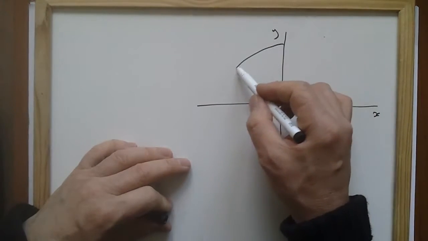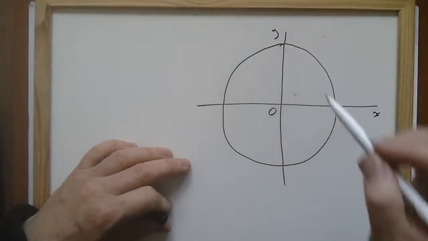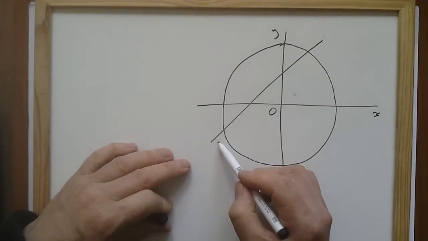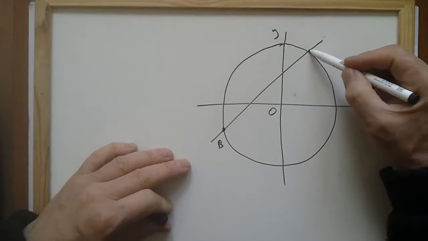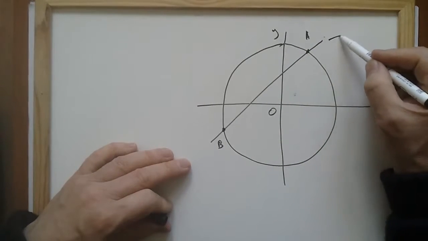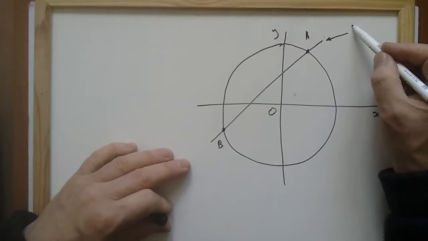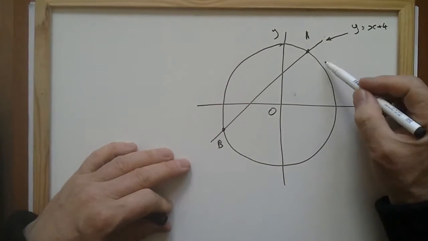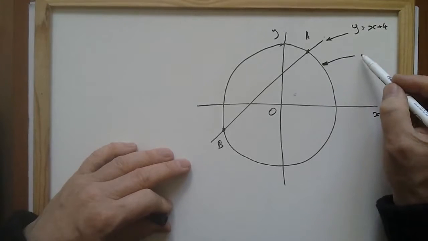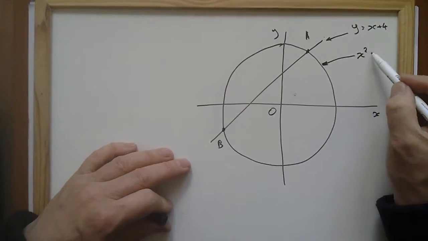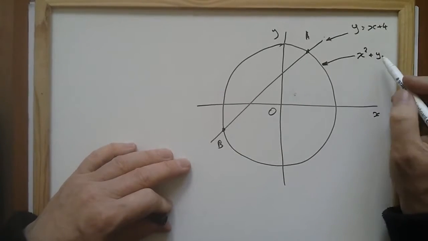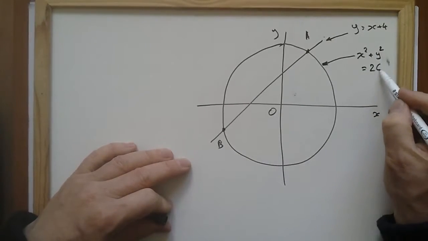We'll pop the original diagram back on. There's the circle, there's the point B and the point A. This is the line y equals x plus 4, and this is the circle x squared plus y squared equals 26.